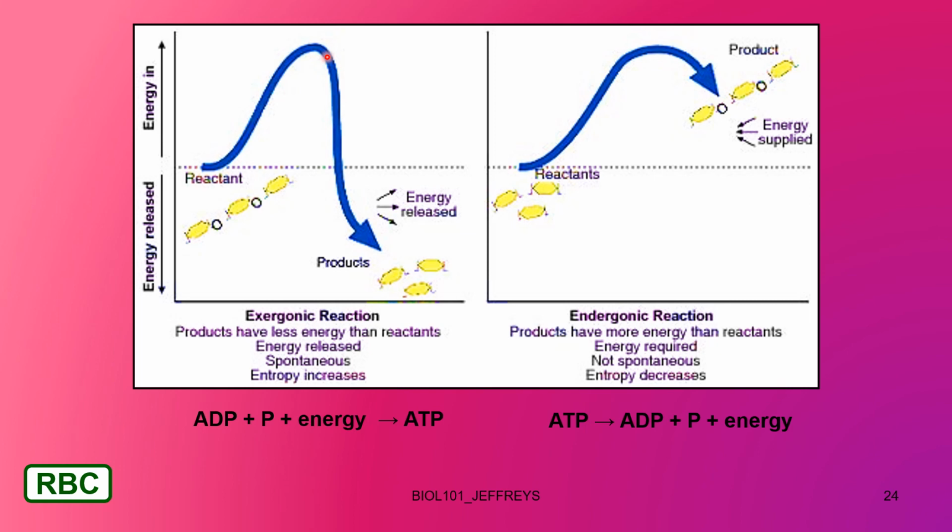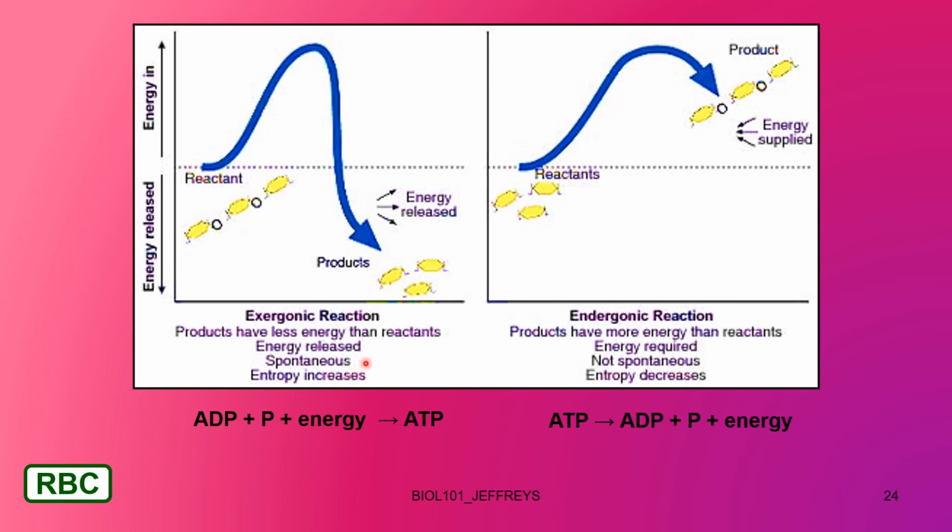We add energy into the system, we break those bonds, we release those 3 little glucose molecules with the concurrent release of energy. This is the typical exergonic reaction, right? We're releasing energy. Energy is released, it happens spontaneously. Entropy increases.